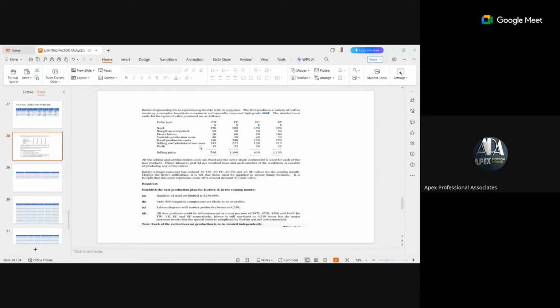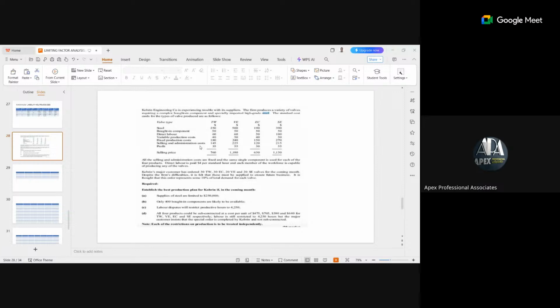Despite the firm's difficulties, it is felt that this must be supplied to ensure future business. So to maintain the relationship with this special customer, we have to supply them for future business. We have to give them preference.